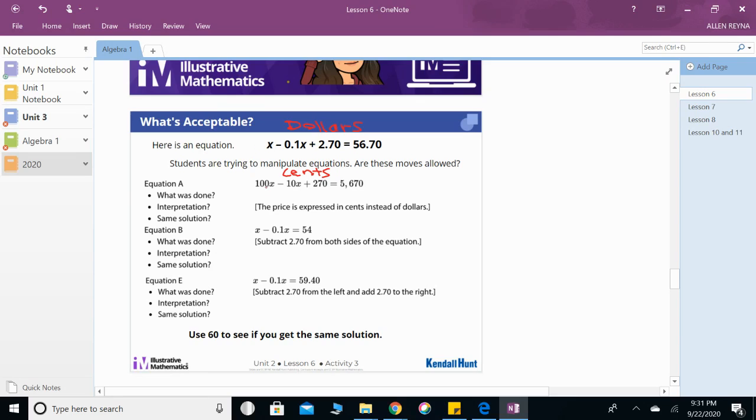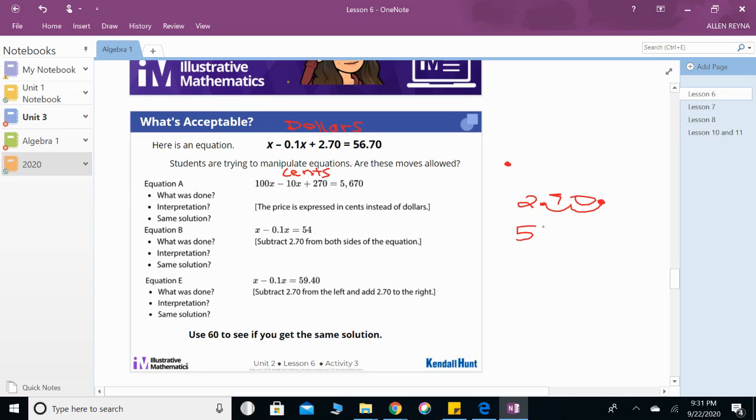So 1 times 100 is 100. 0.1 times 100, you could just move the decimal 2 places. 1, 2. That becomes 10, so that's good. We take 2.7, again, move it 2 decimal places. That becomes 270. Yes, that's correct.